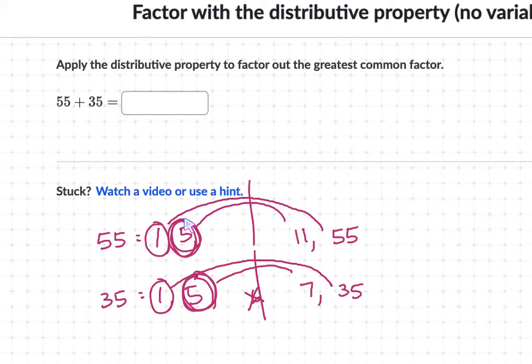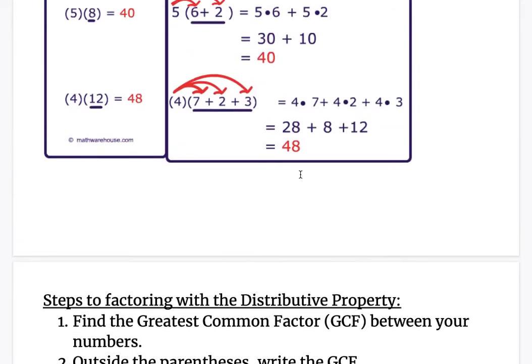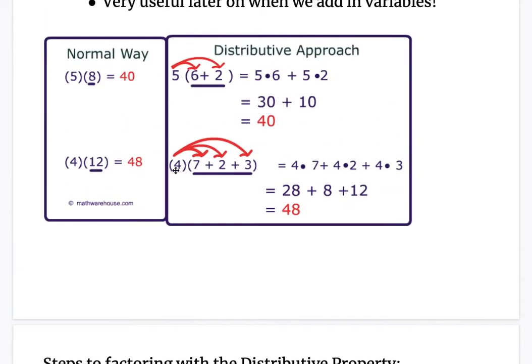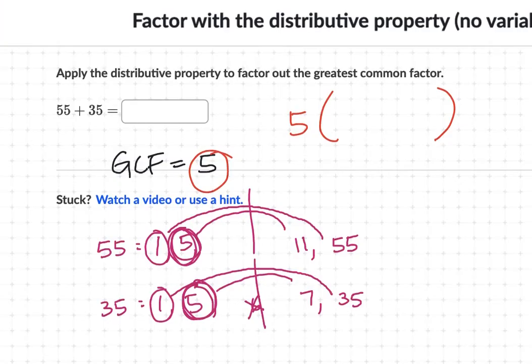So I found our GCF was 5. And according to the steps, I have to put the GCF on the outside of my parentheses. Because remember, with the distributive property, we need a number on the outside of the parentheses and numbers on the inside. So I'm setting it up that way. GCF goes on the outside, and inside the parentheses, we're going to write our partner factors.